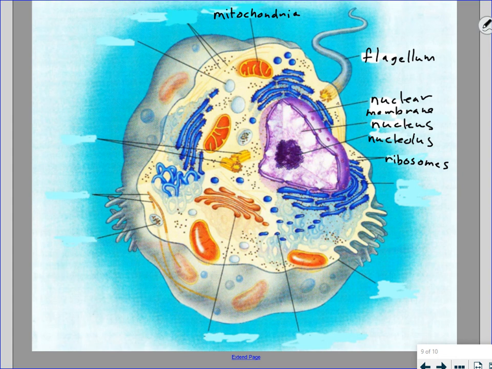And so that's why we call this blue stuff that has the ribosomes on it rough endoplasmic reticulum, which we abbreviate ER. So on a quiz or a test, you just have to write rough ER or smooth ER. That's the other type.